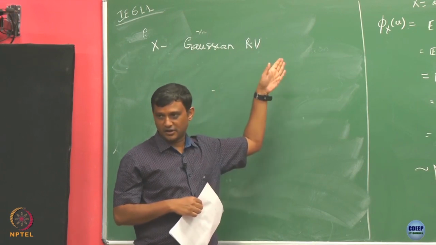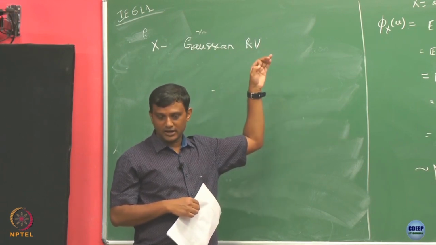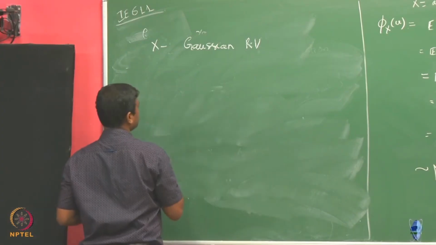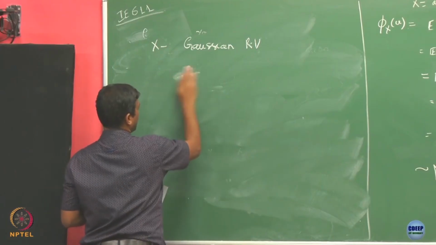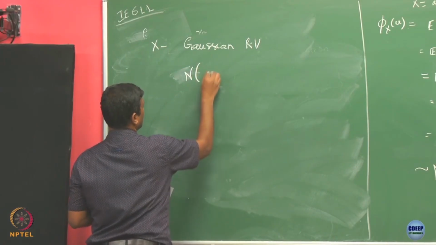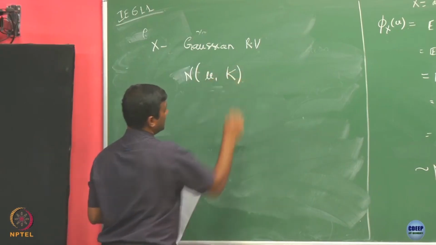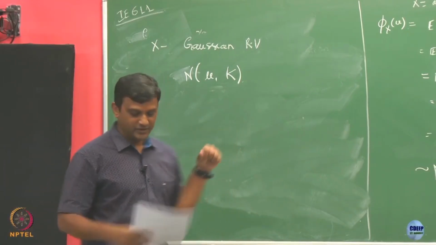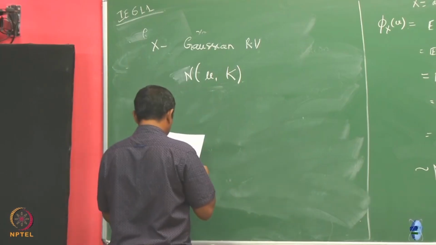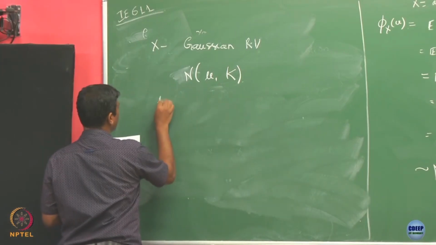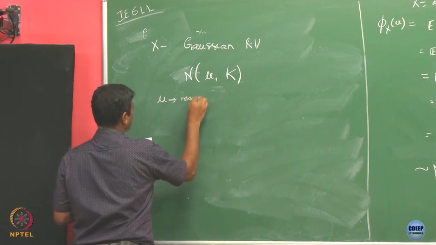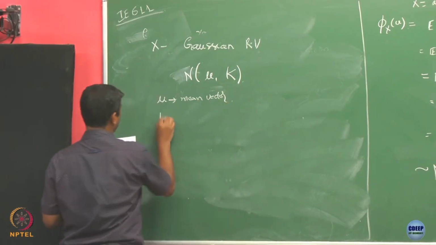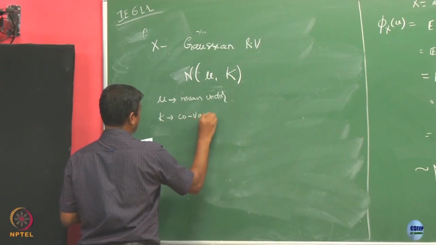It should be clear whether I am talking about a random variable or a random vector. I am going to denote its distribution by mu and k, and you will see that it only depends on these parameters. Here mu is the mean vector and k is the covariance matrix.